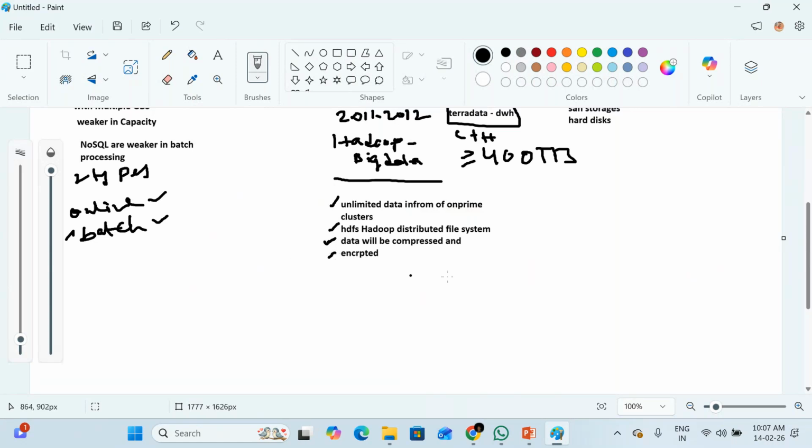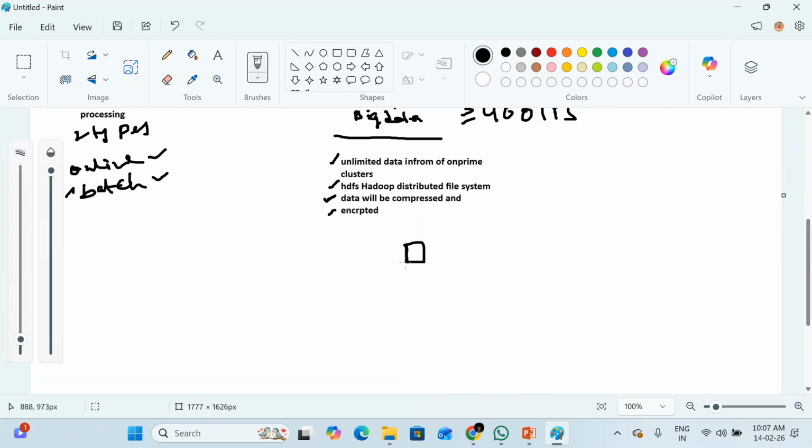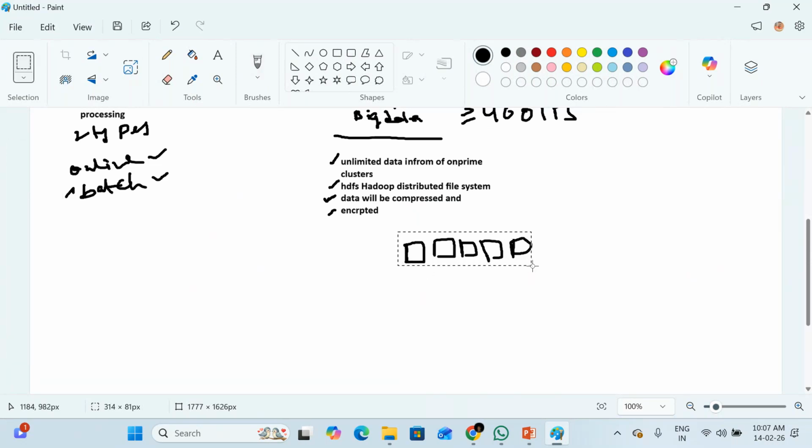Understand, sir? Unlimited data storage means, for example, this is one computer. Assume 16 GB RAM and 200 GB hard disk. Again one more computer, again 16 GB RAM, 200 GB. Another computer, again 16 GB RAM, 200 GB, and so on. Now in total we can call it one cluster.